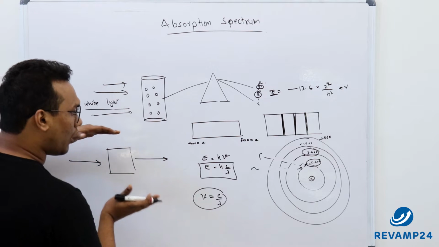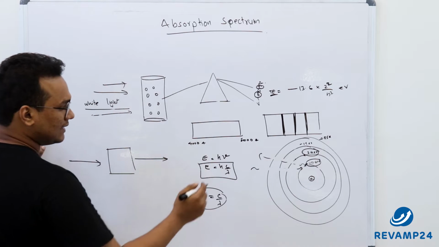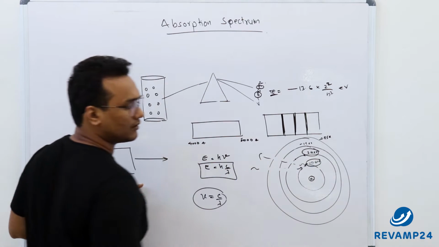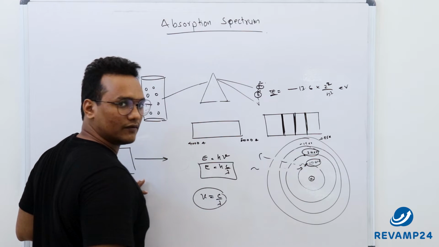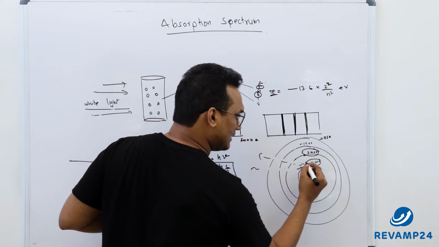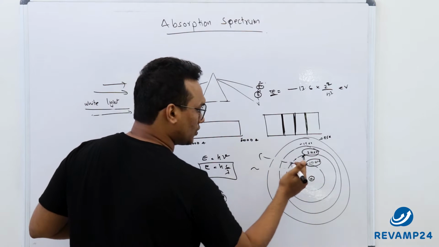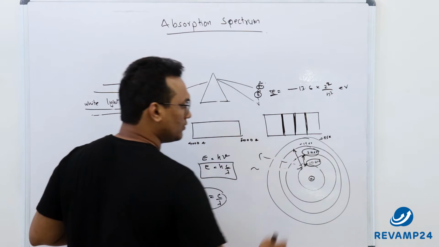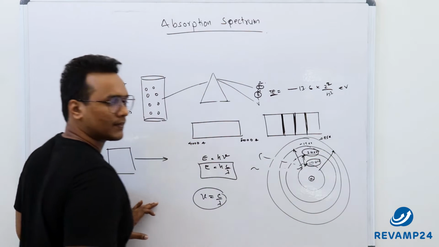Now, from all the wavelengths, from 4000 till 8000, this is white light. Some of the waves are accepted. Whenever they accept those waves, these electrons can easily go from one position to another position. Not only from 1 to 2, it can also go from 1 to 3, and also from 1 to 4.